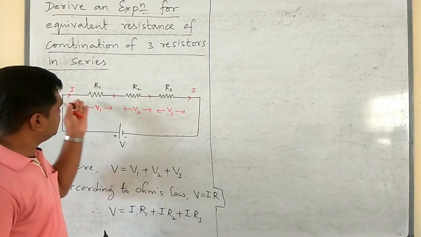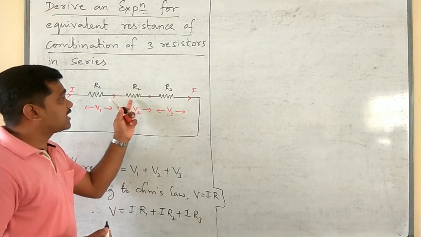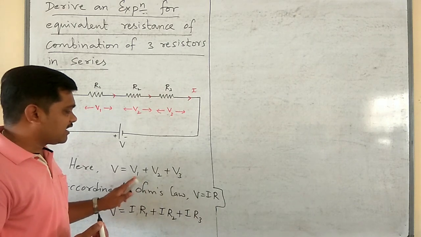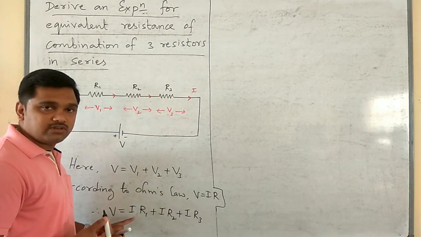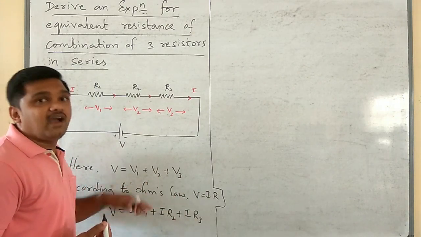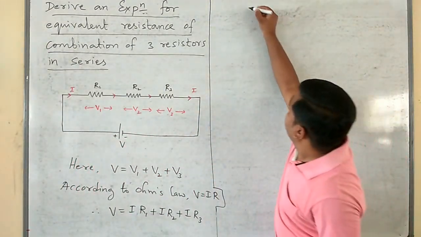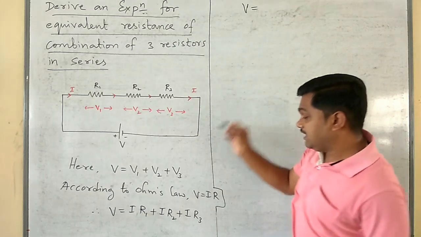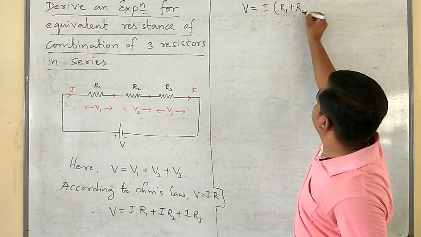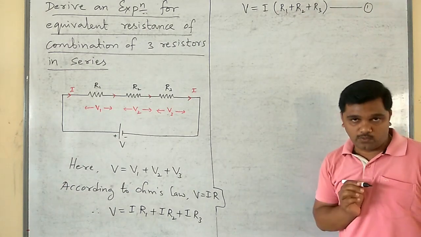Because in a series combination, the current remains constant. Current through R1 is the same as current through R2, which is the same as current through R3. Hence, for V1 according to Ohm's law, instead of IR, I write I into R1. For V2, I into R2. For V3, I into R3. Next step: V is equal to, if I take I outside, R1 plus R2 plus R3. Call it equation number 1.